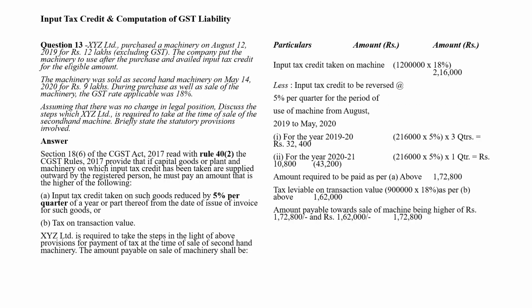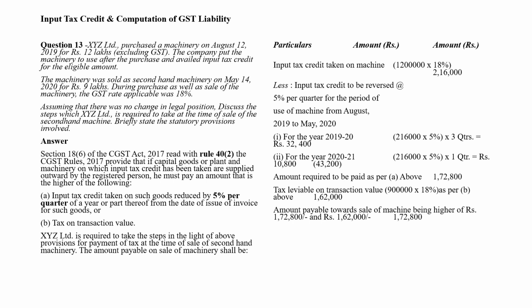Next, we are coming to the very important question under the head input tax credit computation of GST liability. So here question number 13 is very important. Here is the practical question. XYZ Limited purchased the machinery on August 12, 2019 for rupees 12 lakh excluding GST.